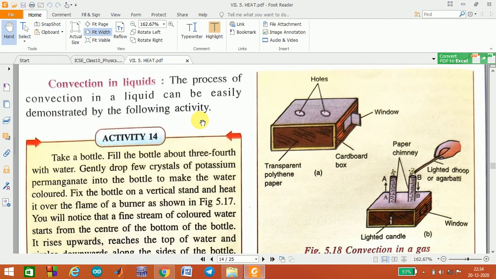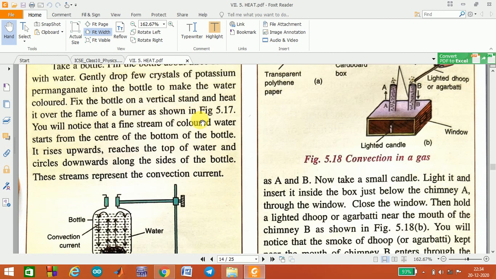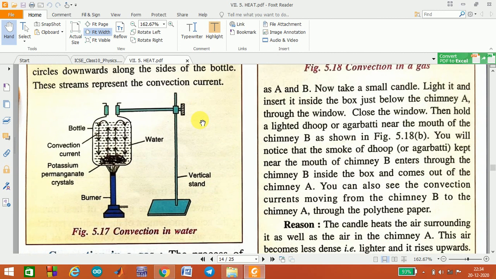So the process of convection in liquid can be easily demonstrated by the following activity. So let us see activity 14. Okay, so you can see the figure here. So in activity 14, what do we have to do?